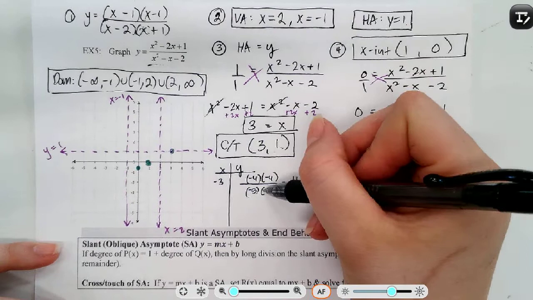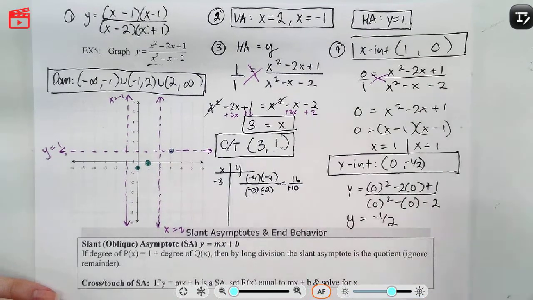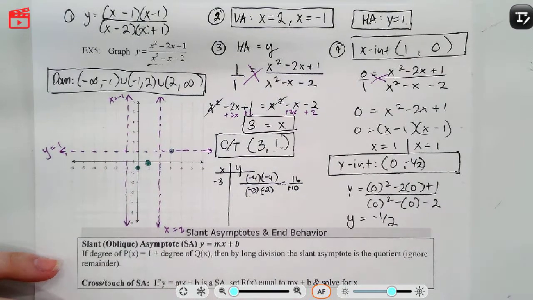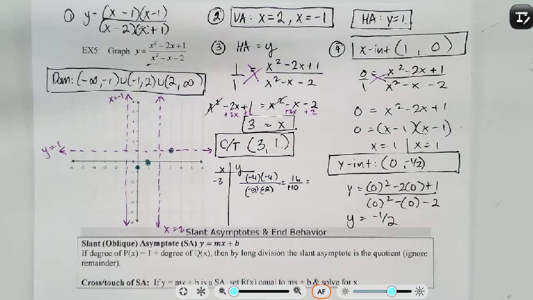Wait, that should be a negative 2. It's going to be positive 10. That's going to be a positive number. Okay, so that means we're going to be up above here. Somewhere, let's see, 16 divided by 10. Let me see if I can get a decimal out. 1.6. Oh, okay, so it's above our horizontal asymptote.